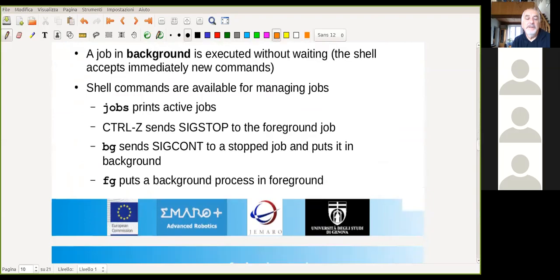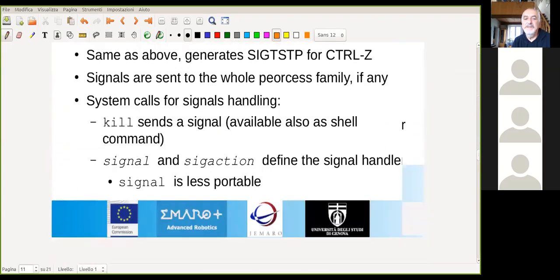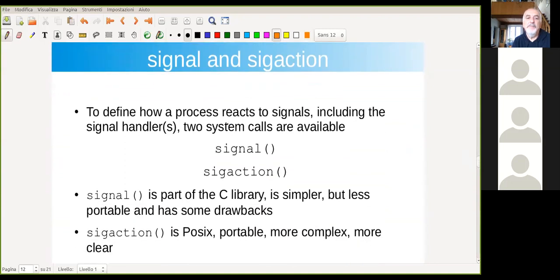How to write? The example. Just how to write the signal handler. There are two ways to call. The sigaction is POSIX.